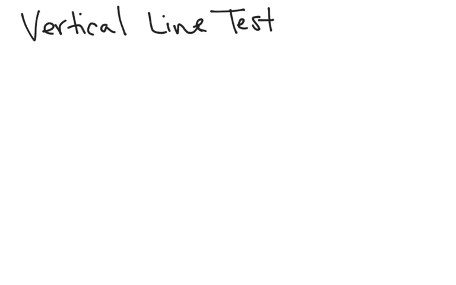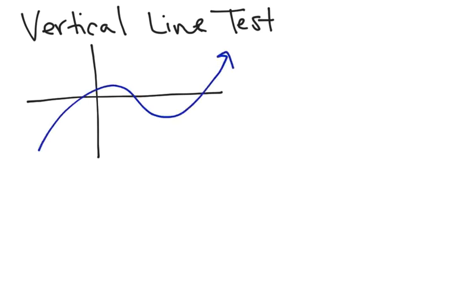In Algebra 1, we introduced this thing called the vertical line test. And the vertical line test was a way of determining if the graph of an equation represented a function or not a function. So let's say this is a graph, and I wanted to determine if it's a function or not.